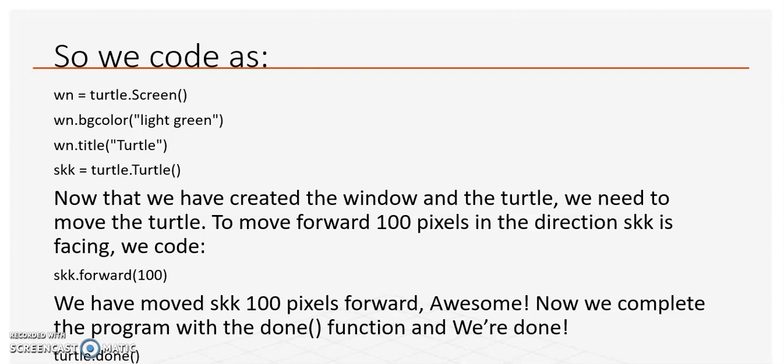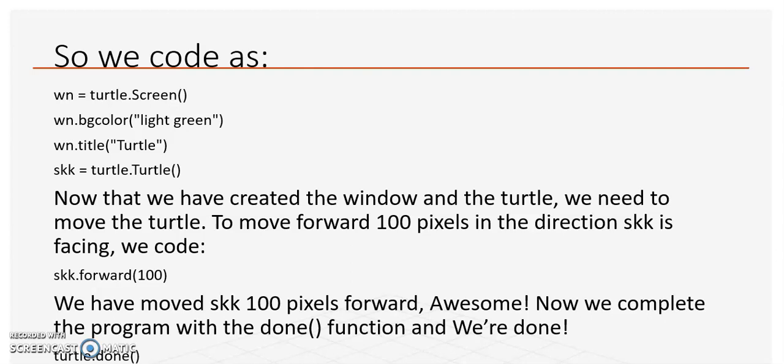Then wn.title, whatever title you want to give; over here we are giving the name turtle itself. And then finally you are creating a turtle, so that you can use that turtle to draw any object, any figures. So skk equals turtle.Turtle().